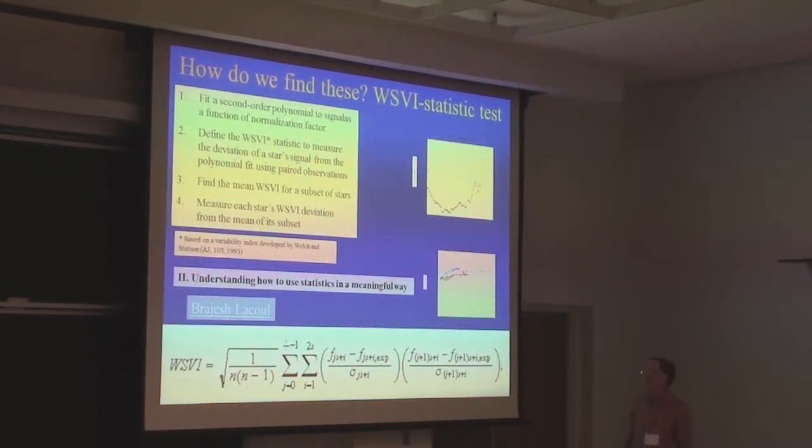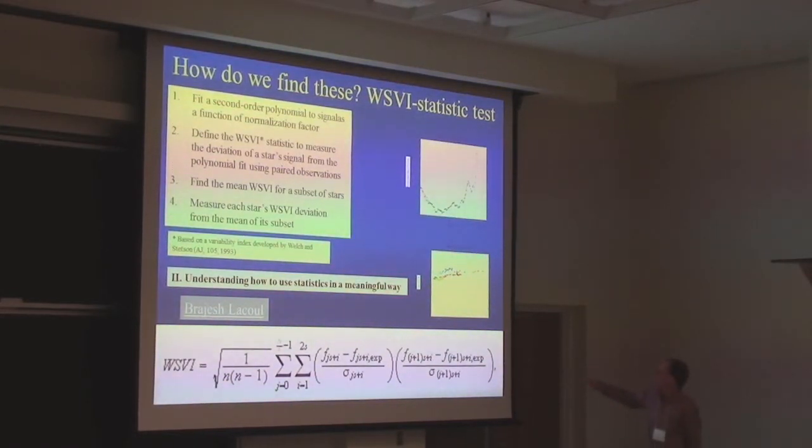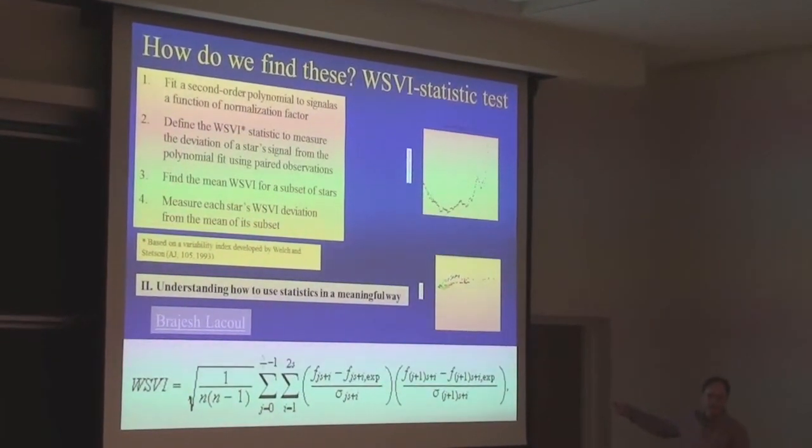And so we can make a graph of the signal of the star versus the normalization factor, instead of graphing versus time, which is what image number is down here, and look at that. Okay, here's what a variable star looks like then.